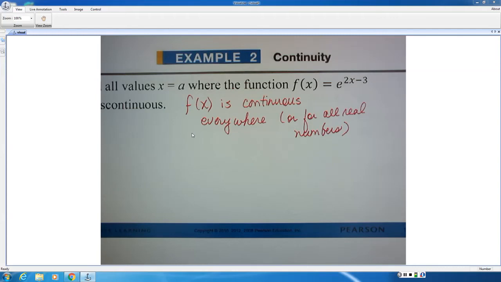Now, just because we haven't hit on anything that bothers us, we still would want to back this up with a calculator and actually try to graph it. So I'm going to show you how to type it in because I know you can't see my calculator screen all that well.